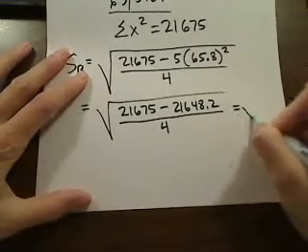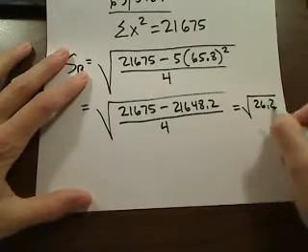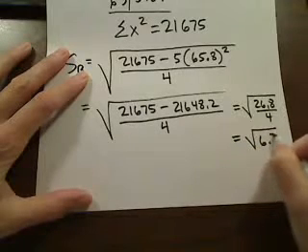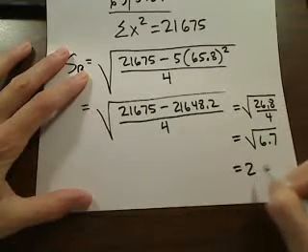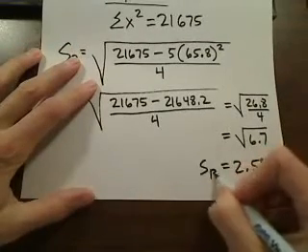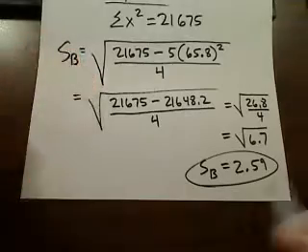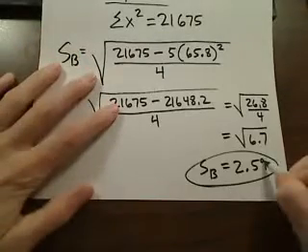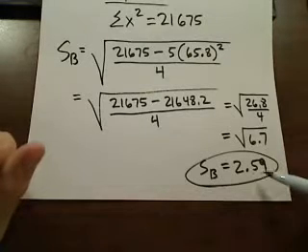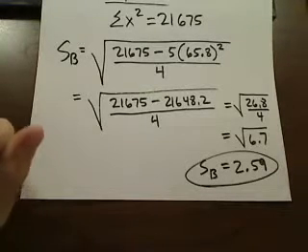Do the subtraction, you get 26.8 over 4. The division, 6.7, and take the square root, and you get 2.59. Okay, so the standard deviation for sample B was 2.59.